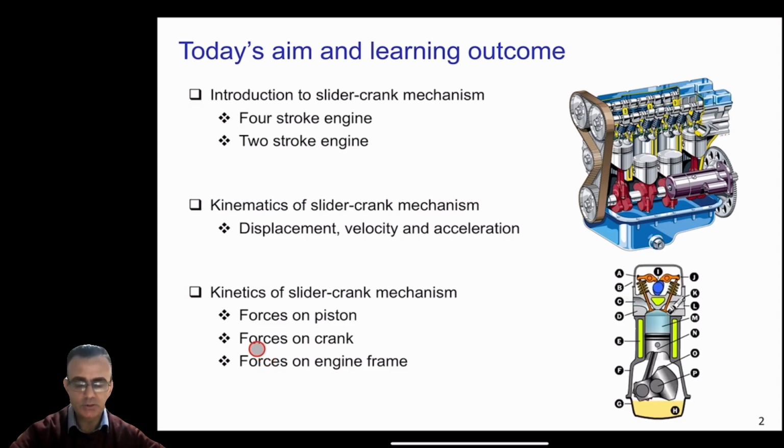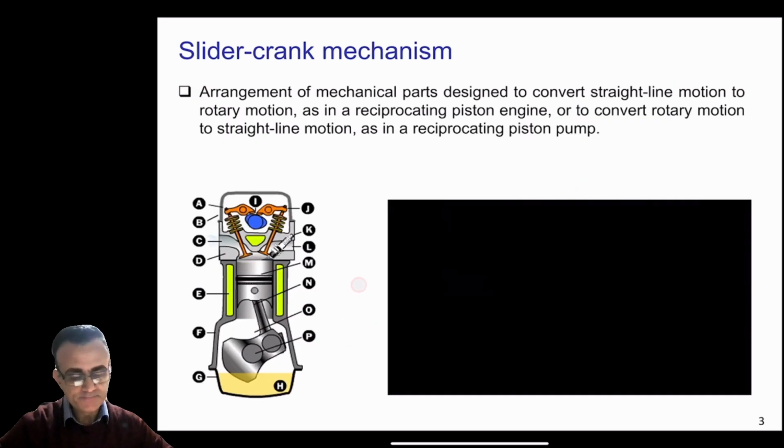This will include how you calculate forces on a piston, forces on a crankshaft or crank, and forces on the engine frame. Obviously, you need these forces for designing these components, so we need to know how to calculate them.